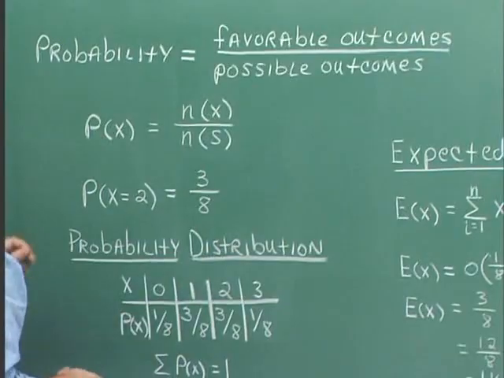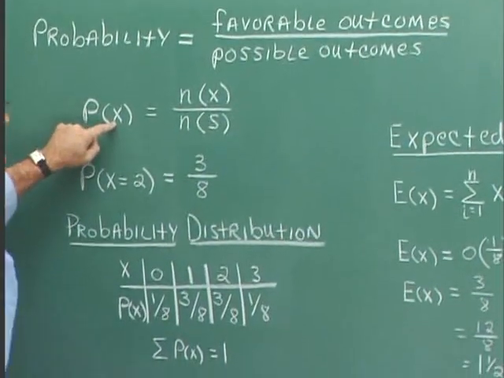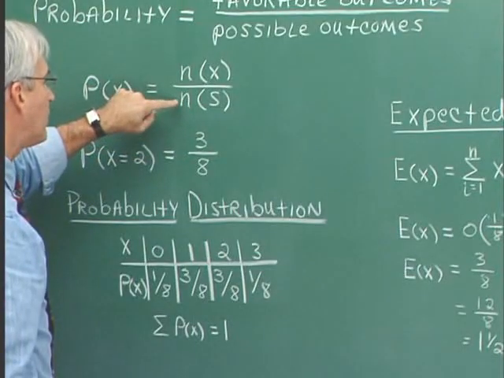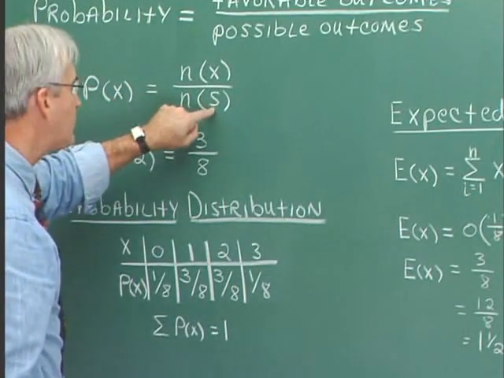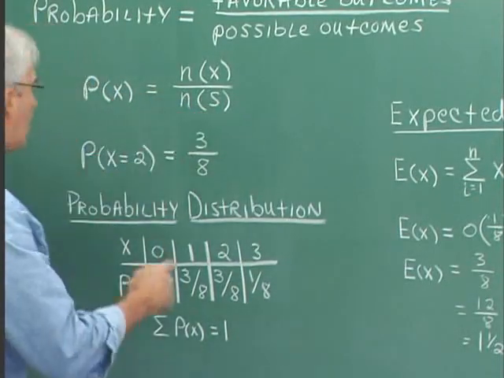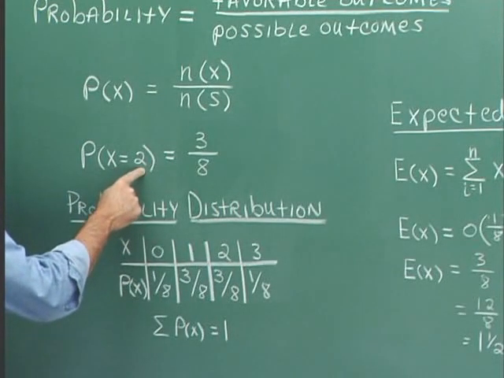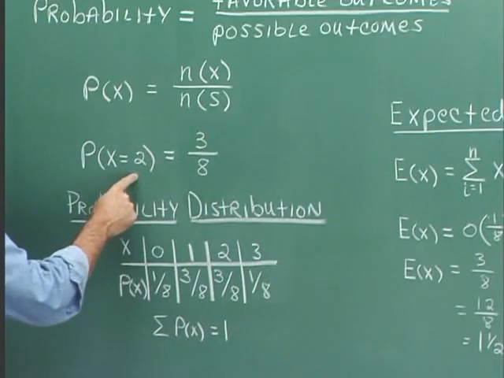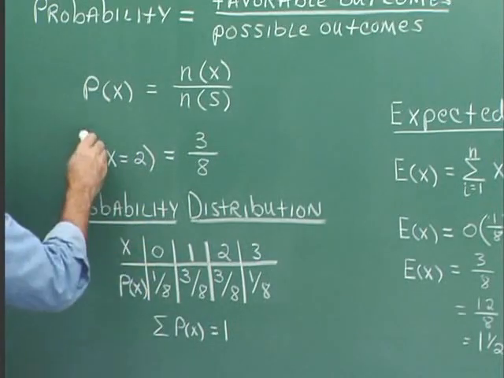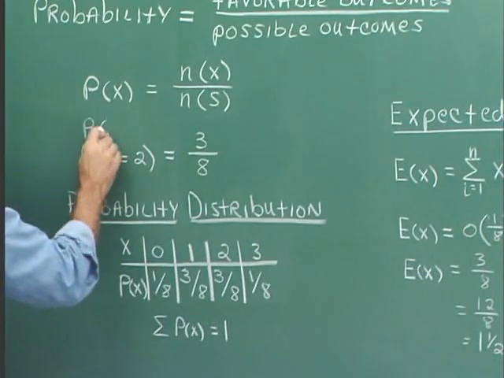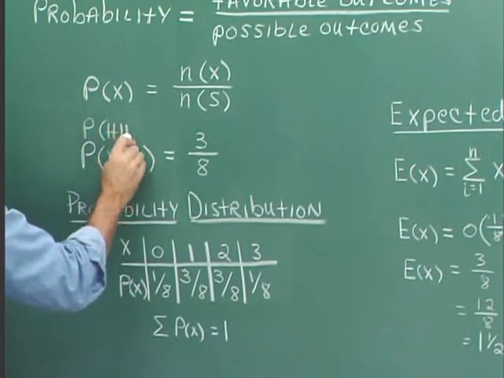Another notation associated with this is the probability of x: the number associated with an x over the number associated with the sample space. If we're talking in our previous problem about the probability that x equals 2, this was the probability that we would have 2 heads. Another notation for it, for that exact problem, I could say the probability of 2 heads.